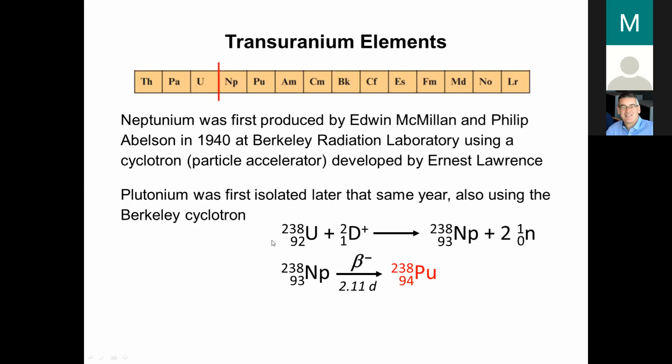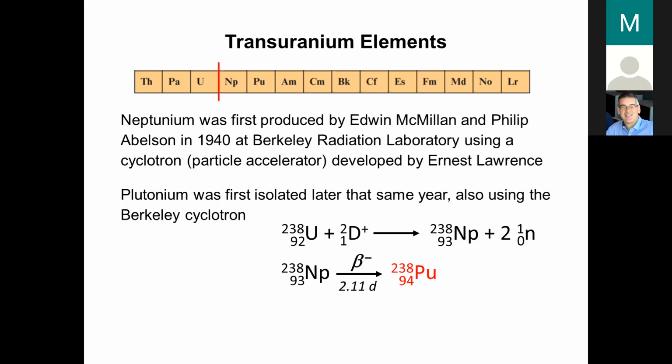uranium-238 target with a deuteron, so a heavy proton, which can be absorbed. And by simply doing the arithmetics about the atomic numbers and the mass numbers, you can see that by absorbing a proton to uranium-238, we end up with neptunium-238 as this process simultaneously liberates 2 more neutrons.